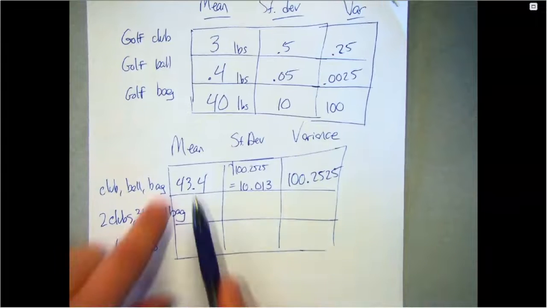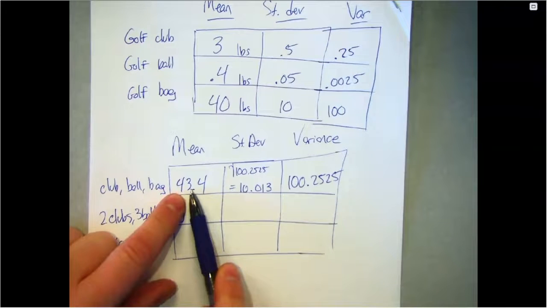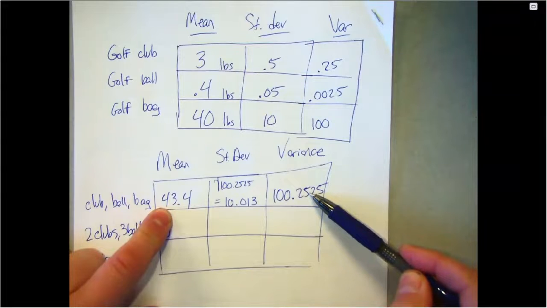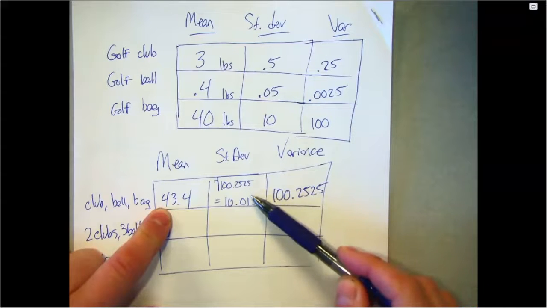That's how I did the first one. For the mean, I'm just adding up club, ball, and bag. Add up those three variances, and then square root it to get back to here.